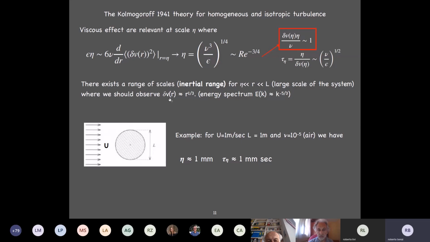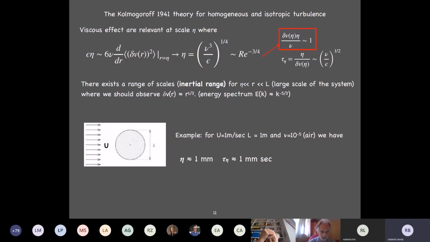Another follow-on of the Kolmogorov theory is that if you take the scaling law predicted by Kolmogorov, you can compute the energy and predict the characteristic shape of the energy spectrum for the velocity fluctuations, which must go like k to the minus 5/3.